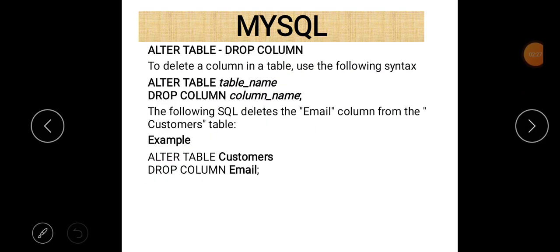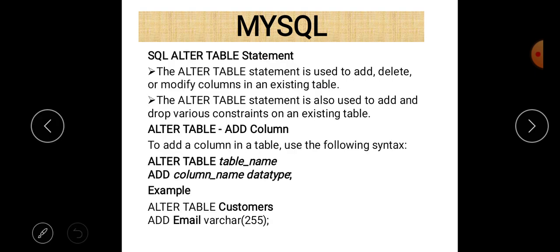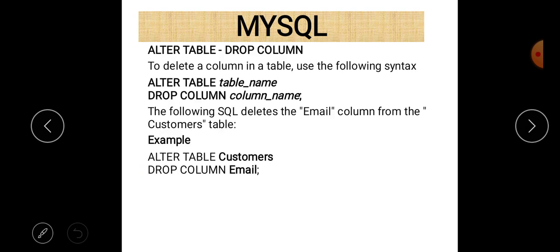Next is DROP COLUMN. If you want to drop a column in an existing table, there is a keyword called DROP. So we write ALTER TABLE, then the table name, and then DROP COLUMN. In the first case we write ADD, but in this case we write DROP COLUMN, not just DROP, because DROP is itself a command to drop a particular table in a data structure.